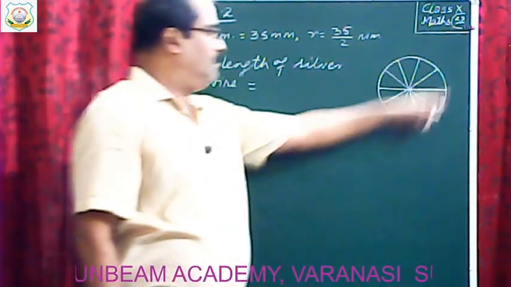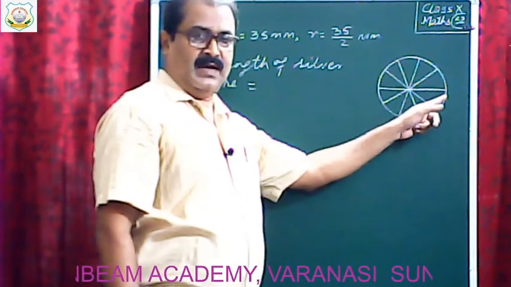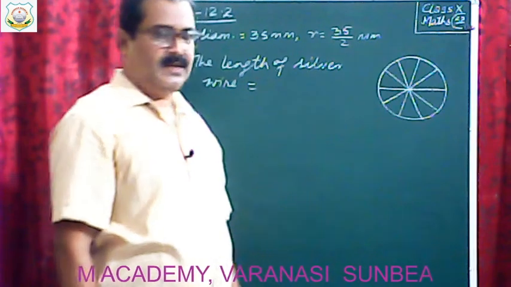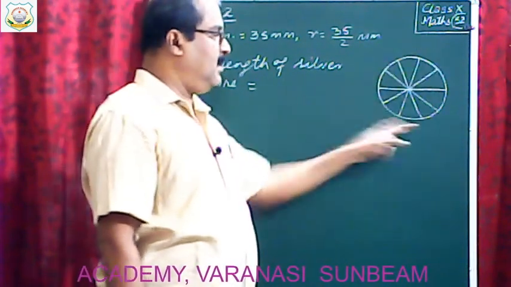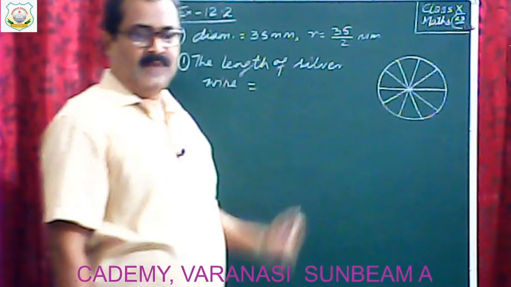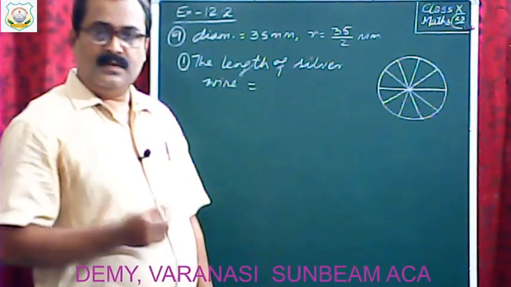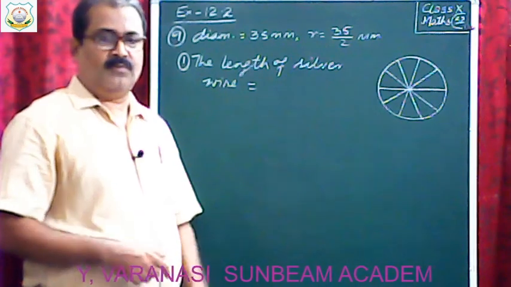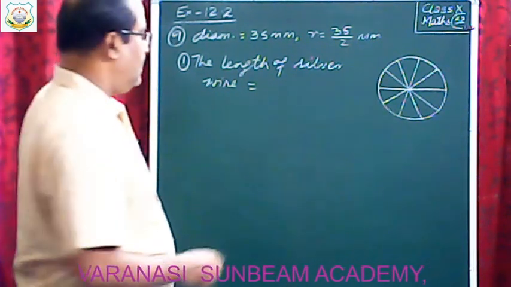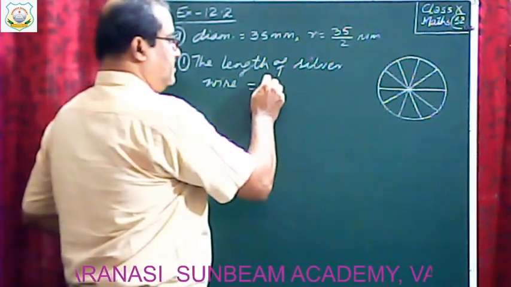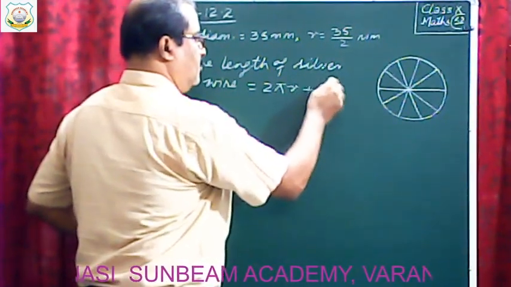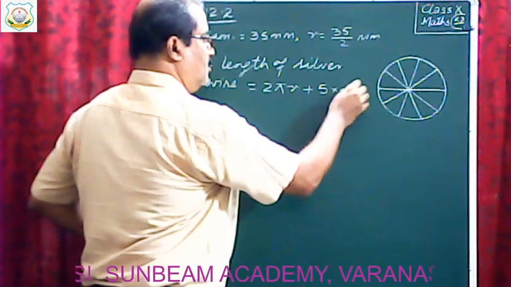This circle is made up of silver wire and 5 diameters are also made up of silver wire. Means circumference of the circle and 5 diameters are made up of silver wire. So circumference plus 5 into diameter is the length of silver wire. Circumference 2 pi r plus 5 into diameter.